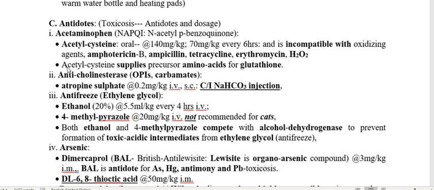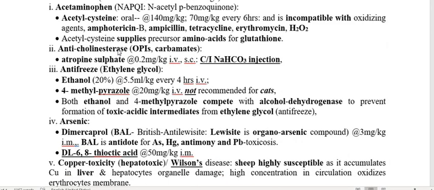So what is the mechanism of N-acetylcysteine? N-acetylcysteine supplies the precursor material for glutathione, and glutathione, which has antioxidant property, metabolizes the NAPQI and therefore reduces the toxicity from NAPQI. So glutathione is raised when you give N-acetylcysteine.